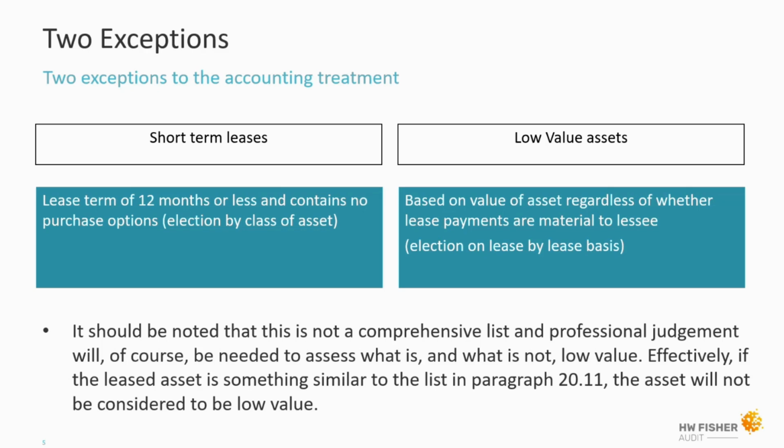Depending on the contracts, some of the rolling leases could fall into that, or leases that are coming to the end in 2026. So if you've got less than 12 months left on a lease, or some of your office supplies are only leased on a 12-month basis, these ones can be excluded from bringing on balance sheet as right of use assets.